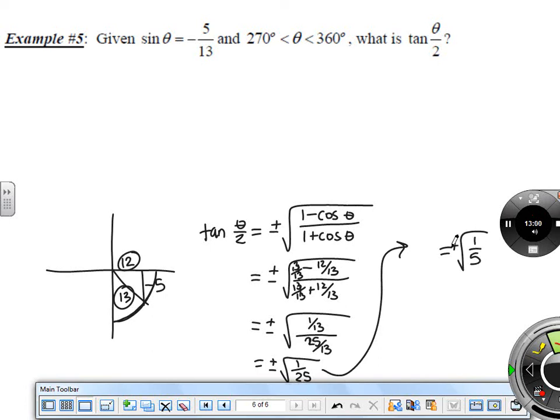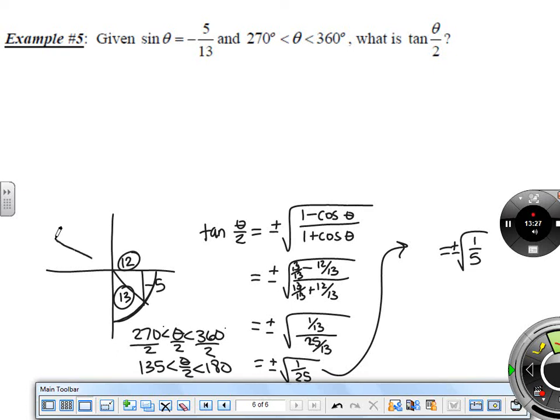And then how do I choose the plus or minus? So look at where we're at on the circle. If theta is between 270 and 360, then theta over 2, if we divided everything in half, would be between 135 and 180.